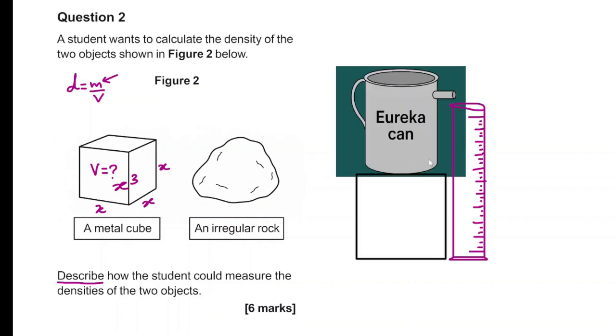So here's how you measure the volume of the irregular rock using a Eureka can. What you need to do, you take a Eureka can and you put it on a support, and you have the spout of the Eureka can, and you can keep a measuring cylinder. Then you need to just fill water in the Eureka can. Now when you fill the water, it will only get filled up to this point.